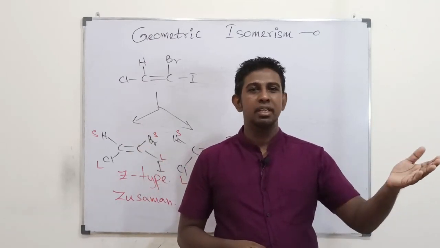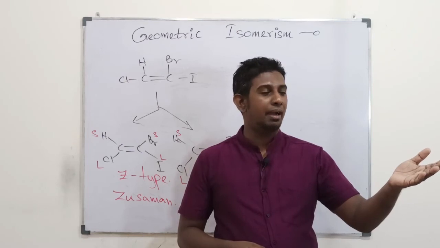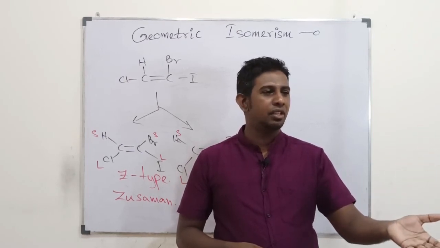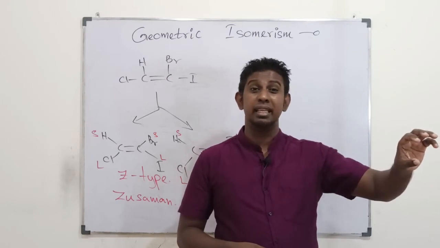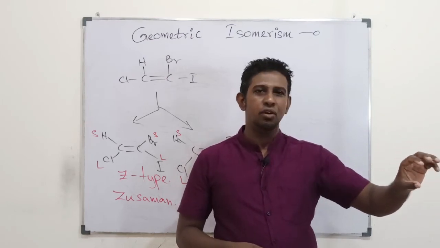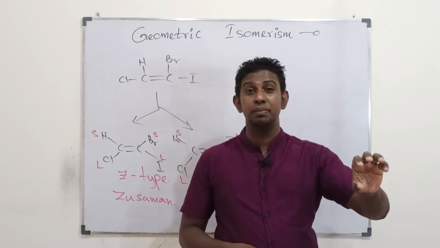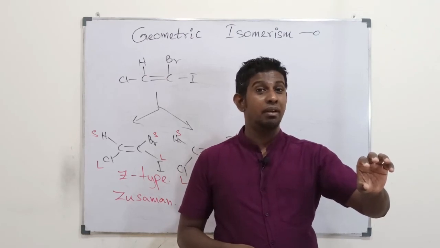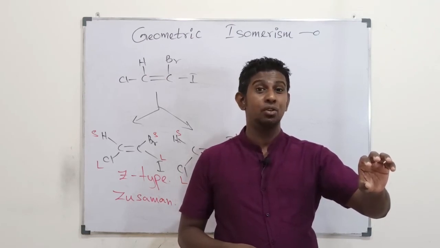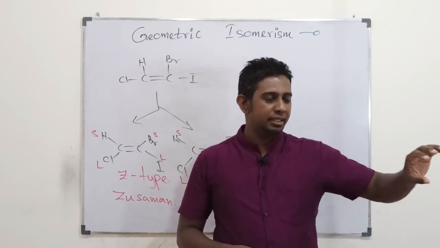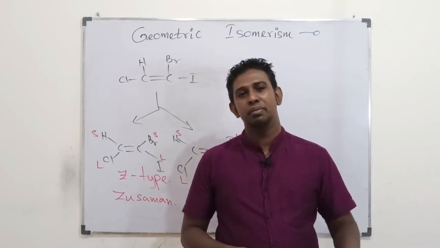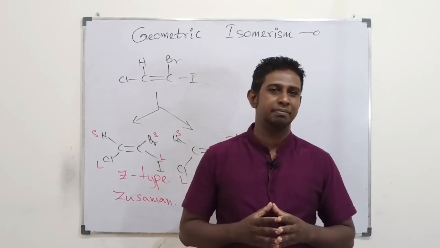When you talk about different structural formulas, you could reach that through changing the main carbon chain, which is chain isomerism, or changing the position of functional groups or alkyl groups, which is position isomerism. Changing the functional group is functional group isomerism.